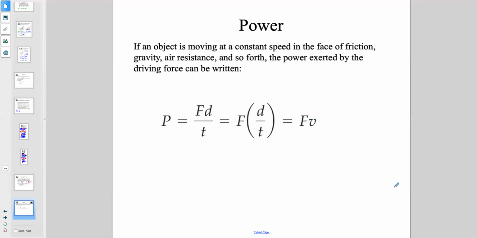Let's play with the formula a little bit. If an object is moving at a constant speed in the face of friction, gravity, air resistance, and so forth, the power exerted by the driving force can be written in this format.